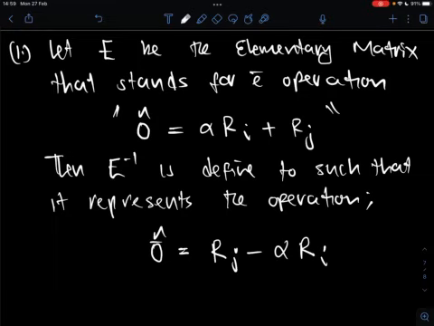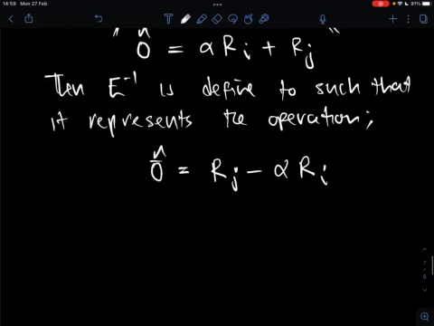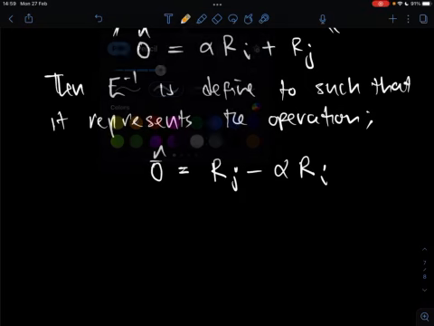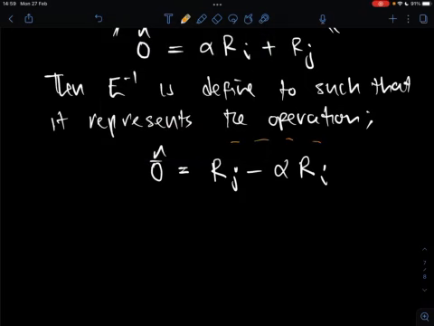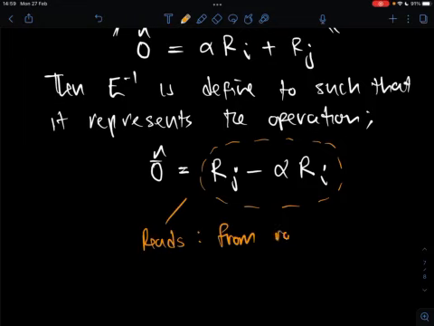So this thing that we have written here reads: from row j, subtract alpha times row i.